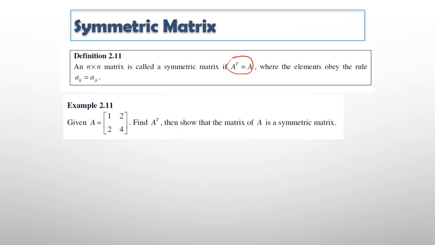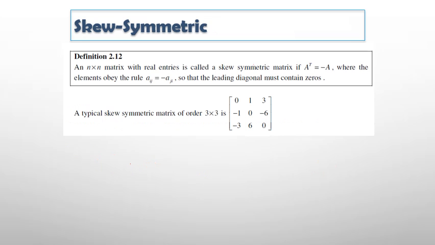If A is given like this, then A transpose is 1, 2, 2, 4. It's still the same thing, equal to A. So this is called a symmetric matrix.